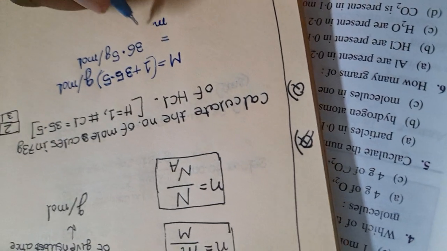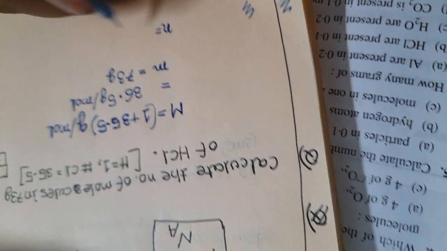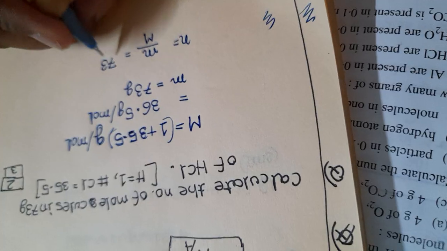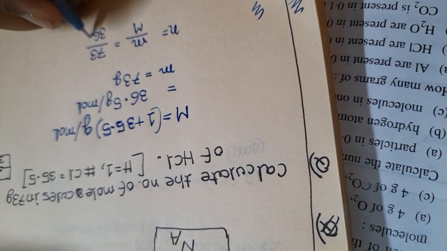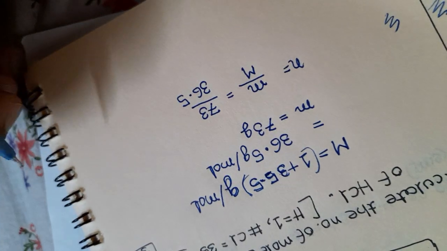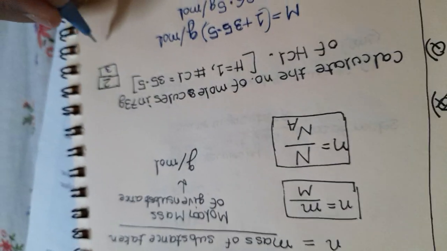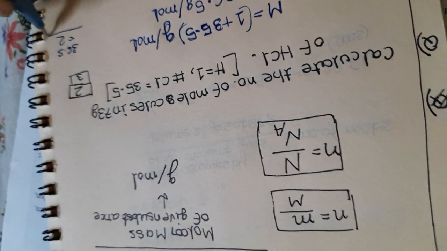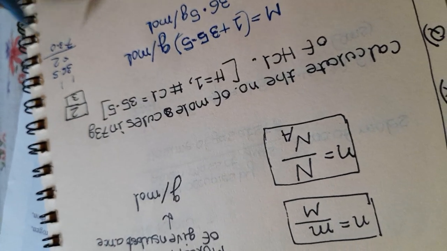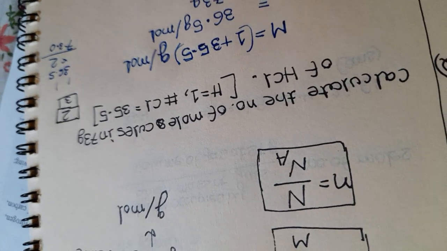Now the mass given, small m, is 73 grams. So n is m over capital M, 73 over 36.5. 36.5 times 2 is 73, so it goes by 2, so it's 2 mole.